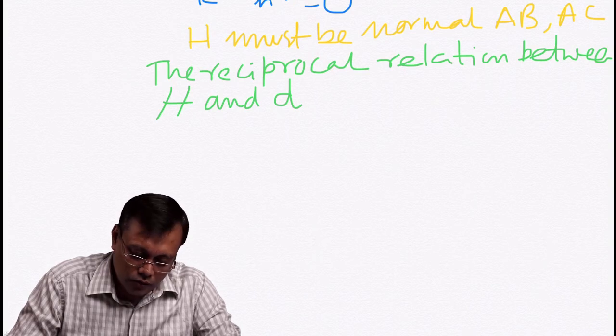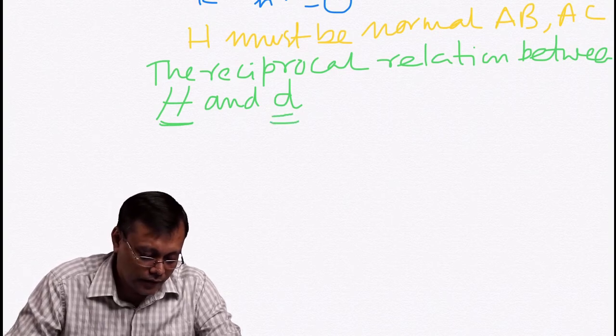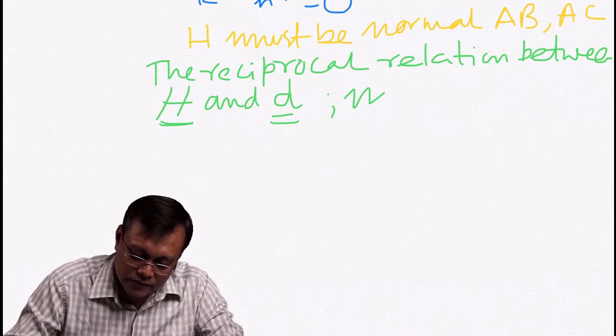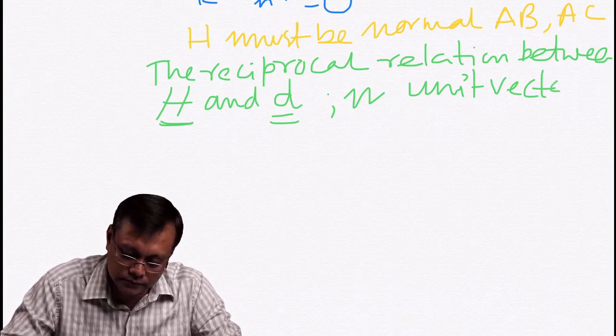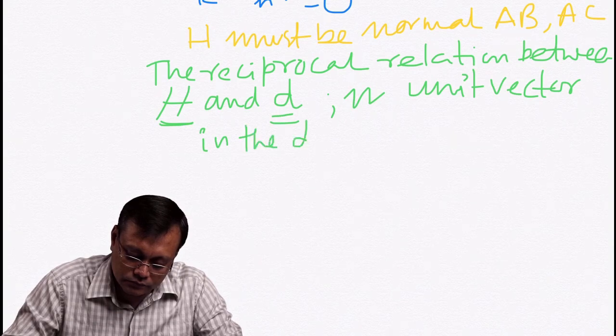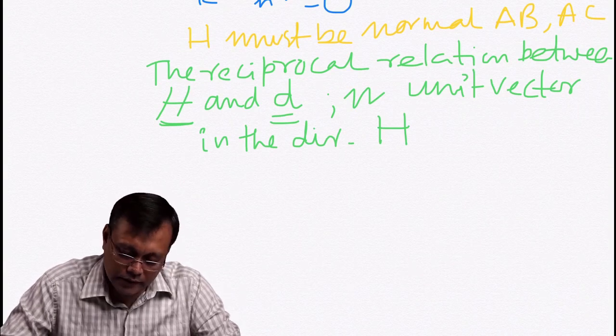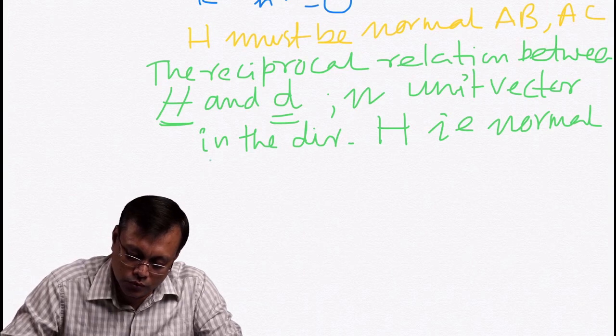So the reciprocal relation between capital H italics and the D that we are trying to find out. And here n, small n, is a unit vector that I repetitively told you earlier in the direction of capital H. That is actually the normal to the HKL plane.